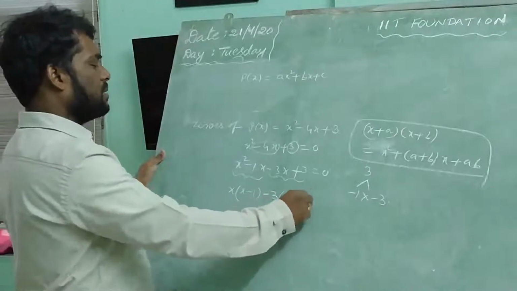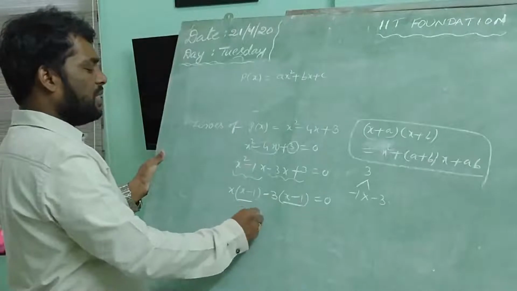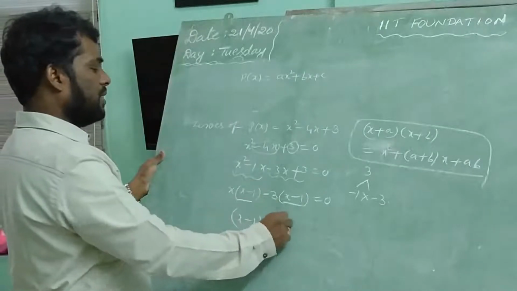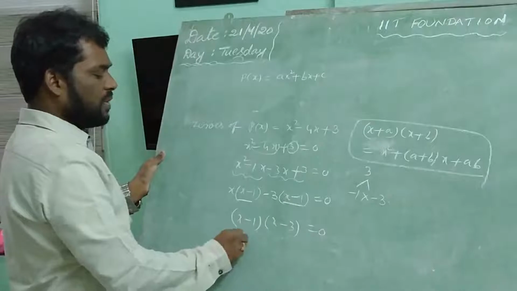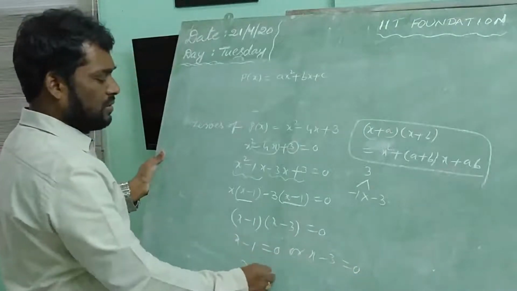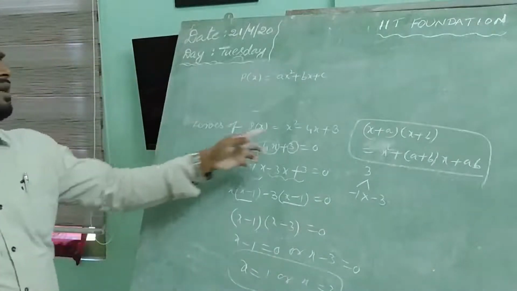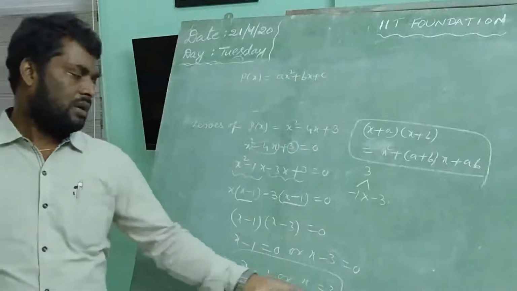Minus 3 into x minus 1, that is equal to 0. So again x minus 1 as common, x minus 1 into x minus 3, that is equal to 0. So x minus 1 is equal to 0 or x minus 3 is equal to 0. X is equal to 1 or x is equal to 3. So the zeros of x square minus 4x plus 3 are 1 and 3.